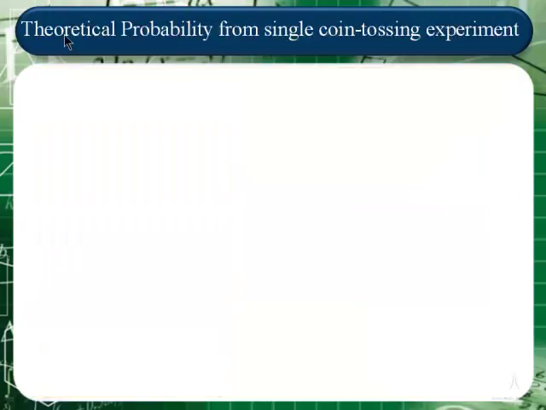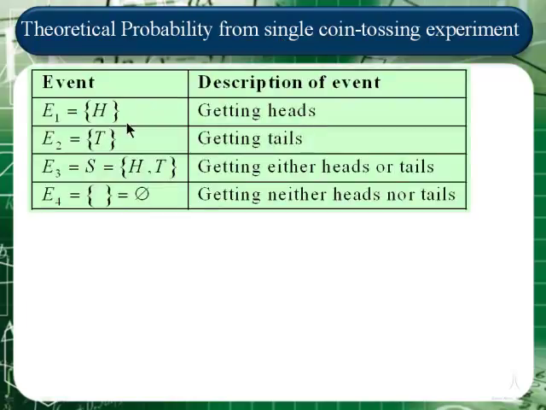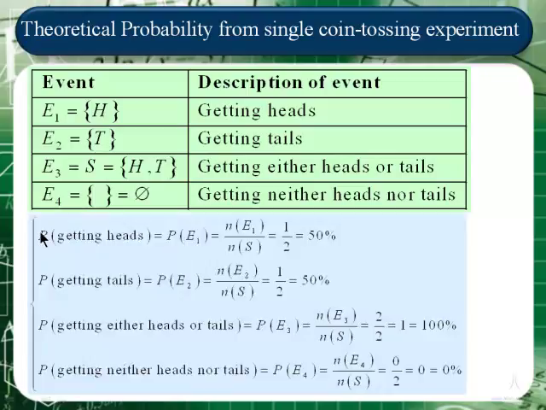Let us look at theoretical probability from a single coin tossing experiment. Now, when we toss a coin, we have mentioned earlier that we get 4 possible events, and we've given a clear verbal description for each event. Now, if we look at the theoretical probability for each of these events, then we see that the probability of getting heads, which is the probability of event 1, is the cardinal number of event 1.